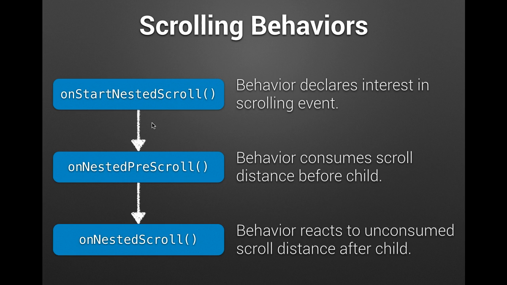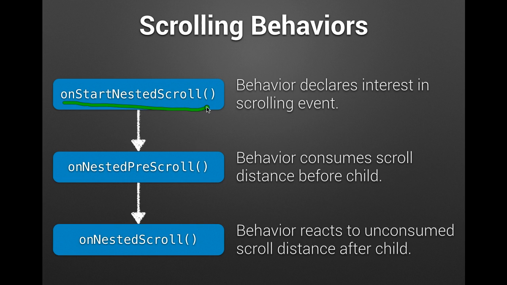Okay, so the major bits involved here are start nested scroll, nested pre-scroll, and scroll. So those are those two states that I mentioned before. On start is just like any sort of initial UI method that you see in the touch framework or anything else, where there's an initial call asking you if you're interested. Basically, there's a scrolling gesture that's beginning right now.